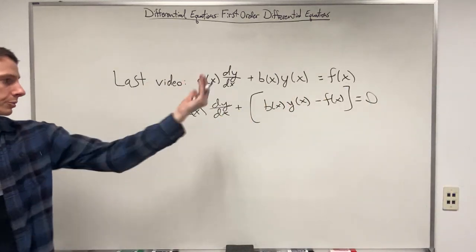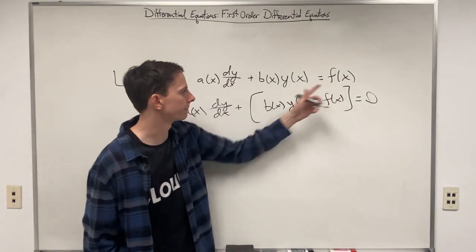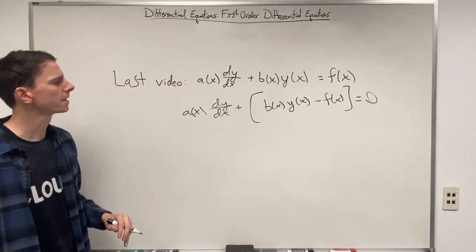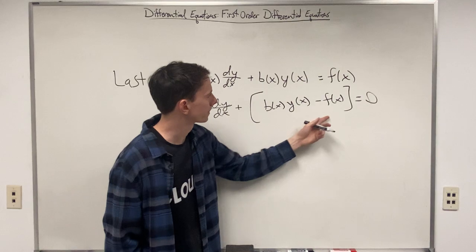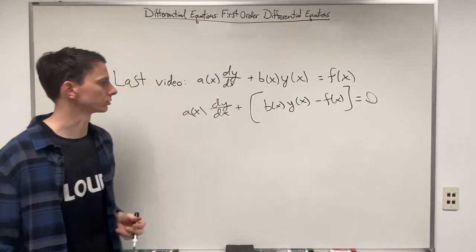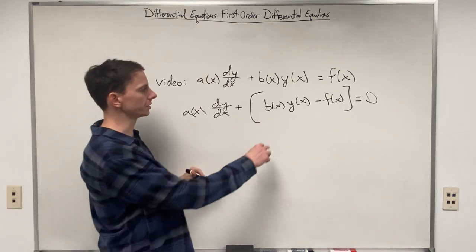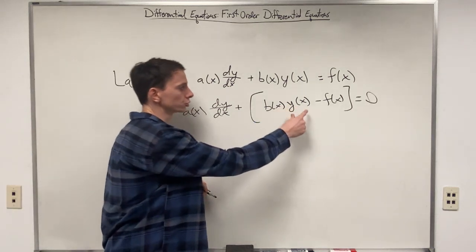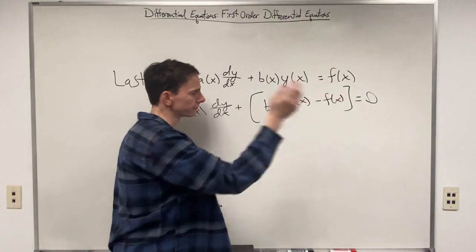Okay. So what I'm doing right now is subtracting this f of x over to the other side. So this term right here, in the general case, when we have a non-linear differential equation, doesn't need to be some function of x times just y to the first power minus f of x.